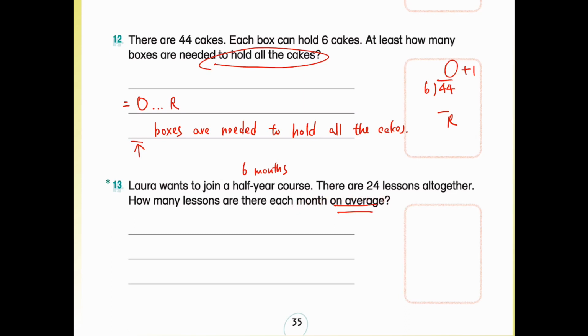But on average, that means the number of lessons that she usually joins each month. So it will be 24 divided by 6. And then when you answer the questions, there are the number of lessons.